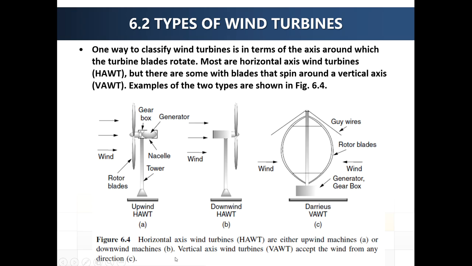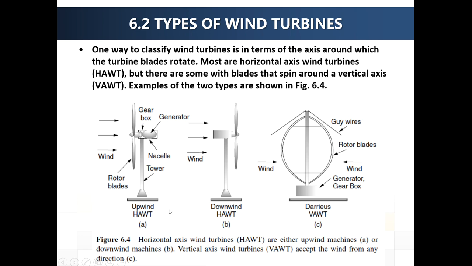Figure 6.4 shows the horizontal axis wind turbines and the vertical axis wind turbines. Graph A shows the upwind horizontal axis wind turbine, while graph B shows the downwind horizontal axis wind turbine.